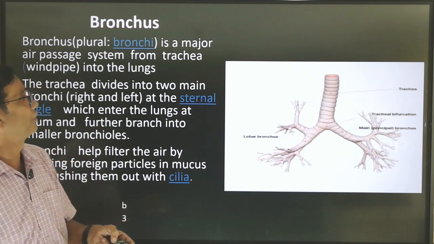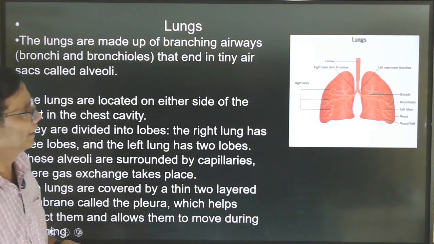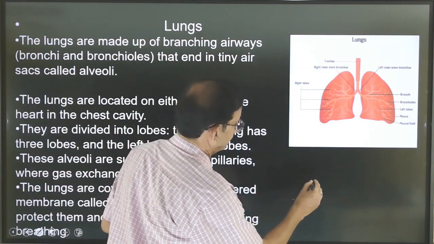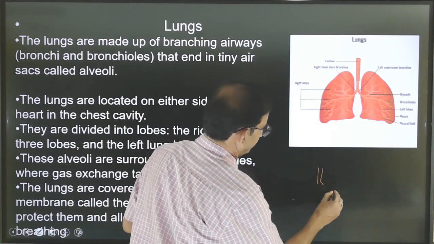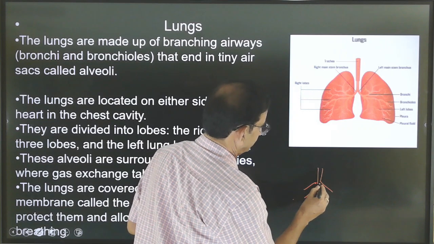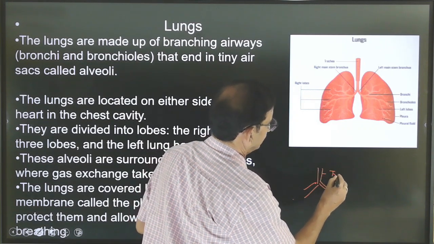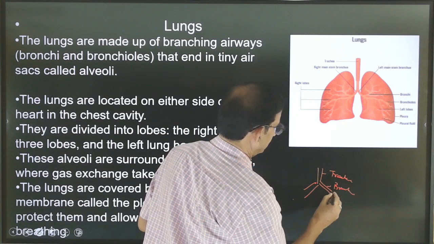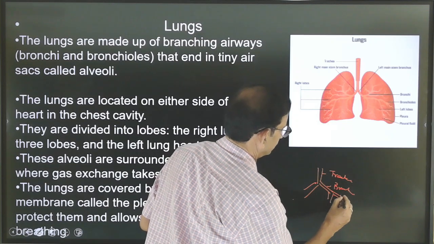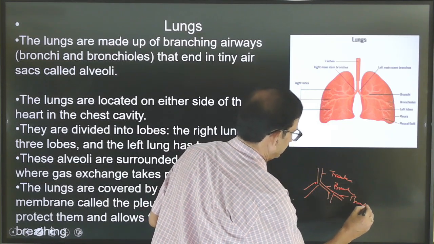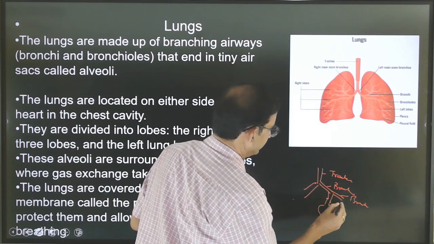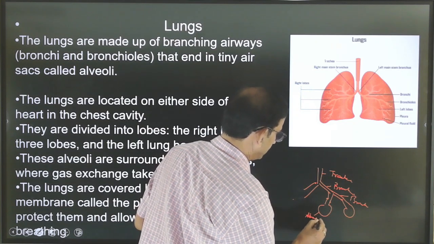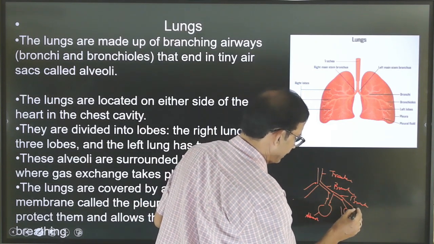Suppose this is the trachea, then this is the bronchi, then this is the bronchioles. These bronchioles ultimately end in a sac known as the alveolus. These sacs are surrounded by a capillary network.